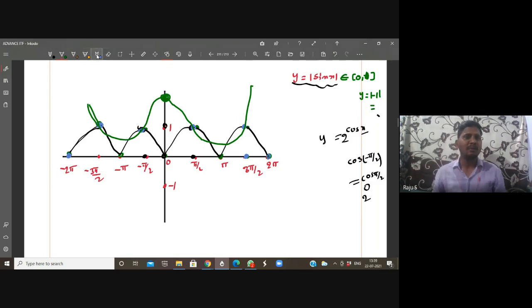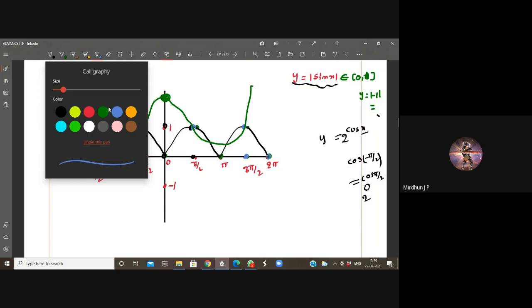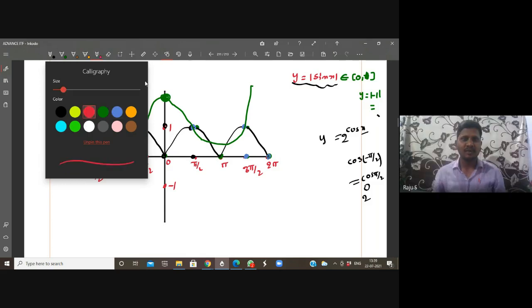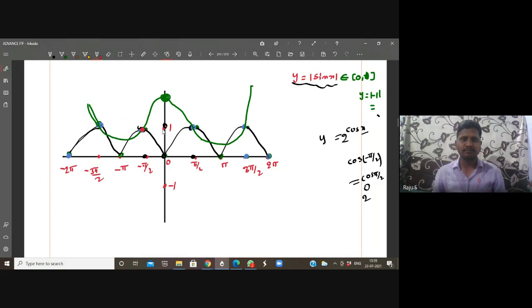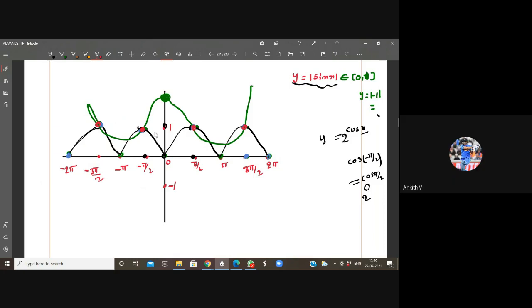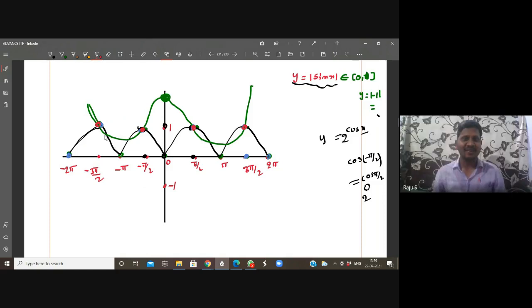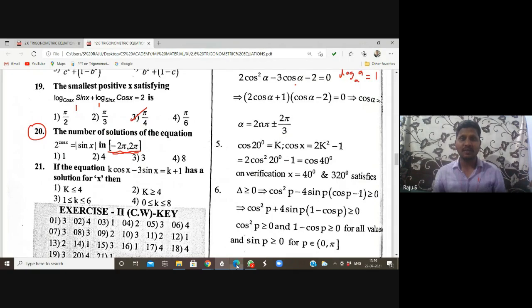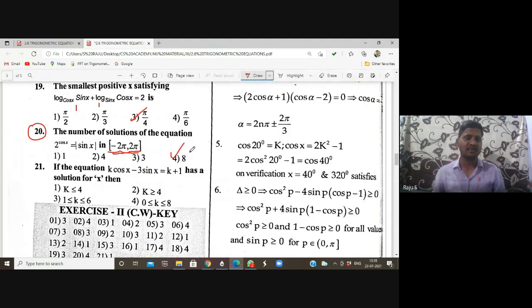Now, how many solutions? Anyone can expect 4? 1, 2, 3, 4. That's all? No, sir, they are intersecting in between also. 5, 6, 7, 8. Totally 8. Not only 4, 8 solutions are there. Clear, students?